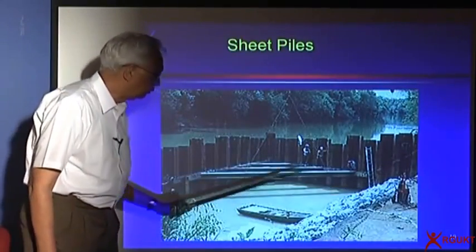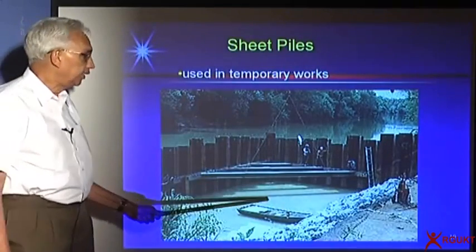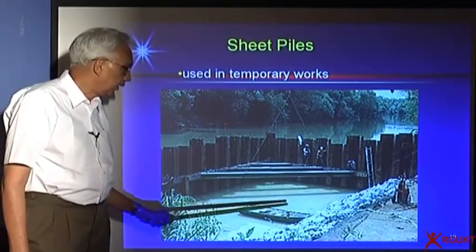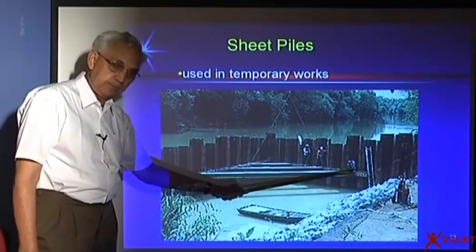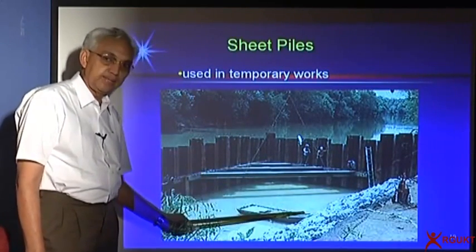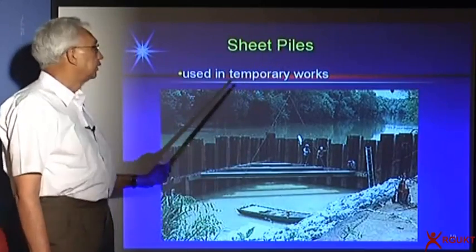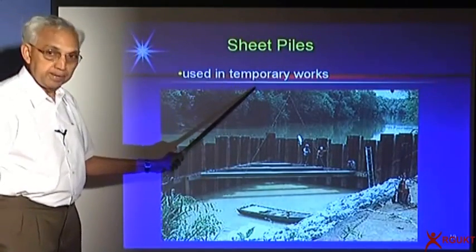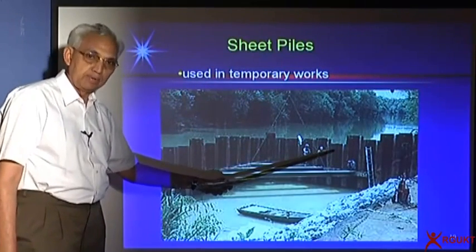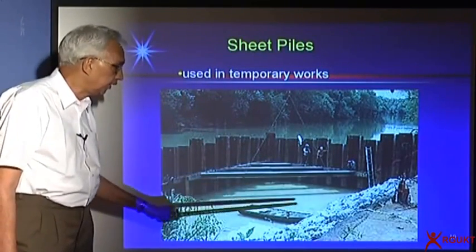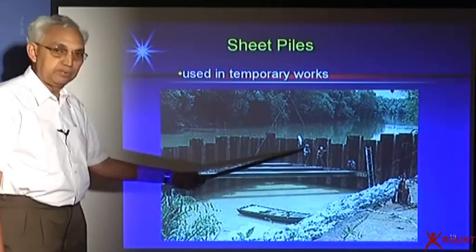Wherever you have, for example, in Chennai, a high groundwater table, and I want to provide a raft, in order to do that, first I drive the sheet piles, remove the water, then cast the concrete and bring the building. So this is what you call temporary works. The sheet pile here is not there for long. It is only during construction, and once I finish the job, I remove them.